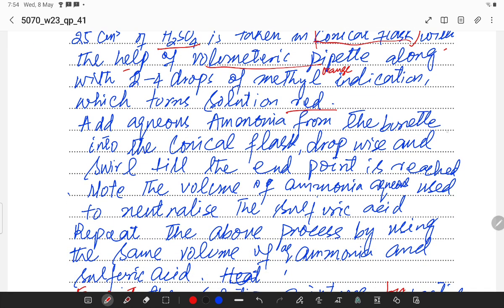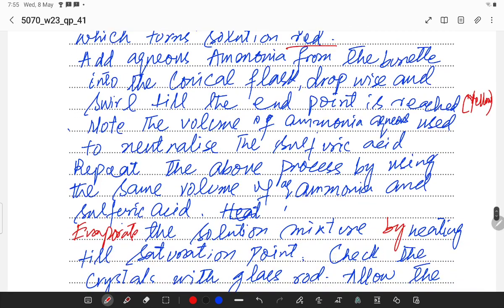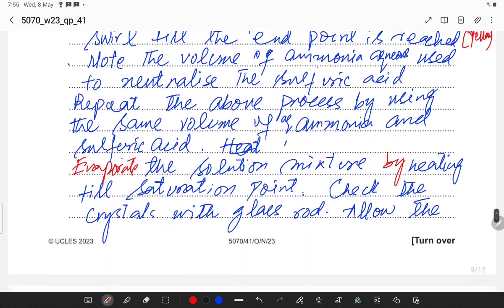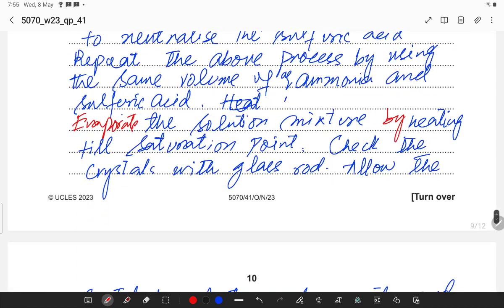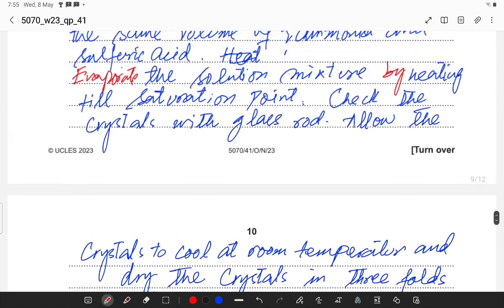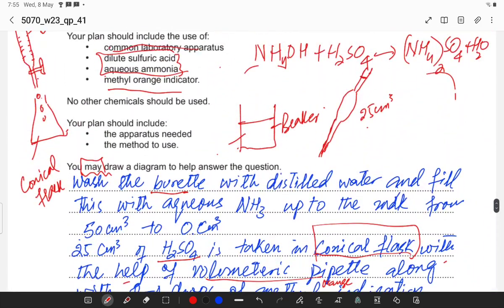Add aqueous ammonia from the burette into the conical flask dropwise, swirl till the end point is reached, which is yellow in color, because in aqueous this is yellow. Note the volume of ammonia aqueous used to neutralize the sulfuric acid. So all these things should be mentioned in this experiment.